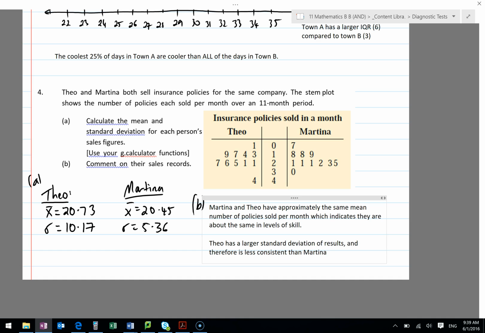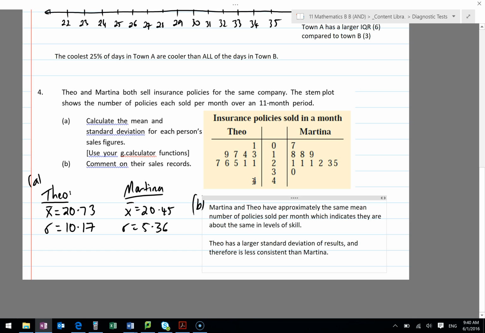So that would mean that he's sort of less reliable to make sales on a weekly basis than Martina. A bit more all over the place, and we can see that Theo had 1 week where he only sold 1 insurance policy, and a week where he sold 44. So we're saying that there's more variation.